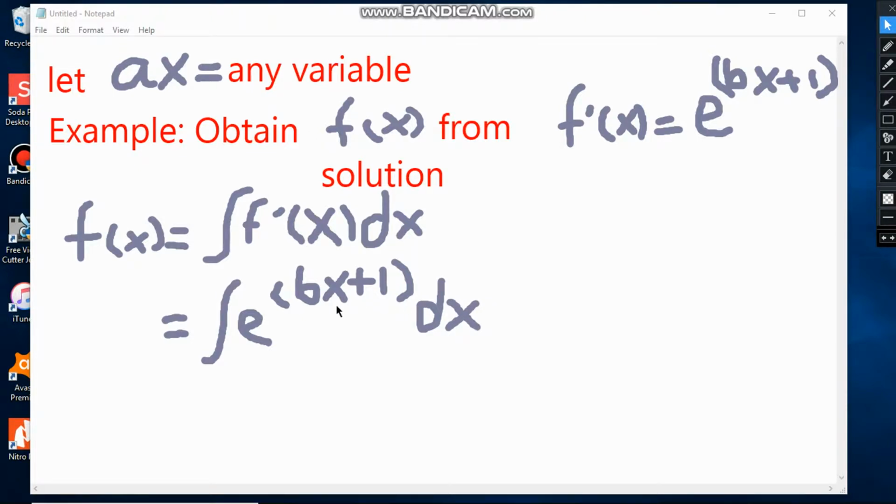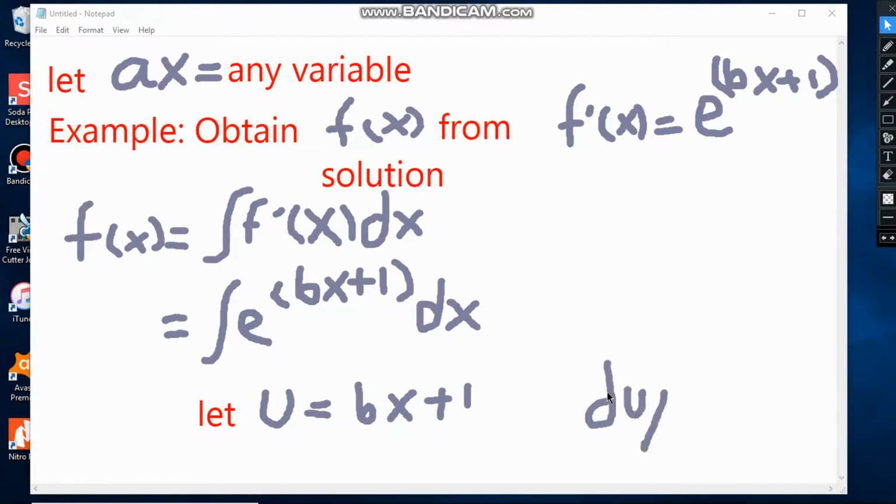So we let bx plus 1 is equal to u. u is equal to bx plus 1. When we differentiate, we get du dx is equal to b.